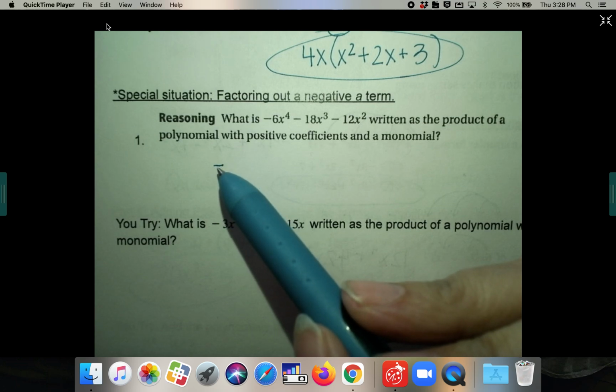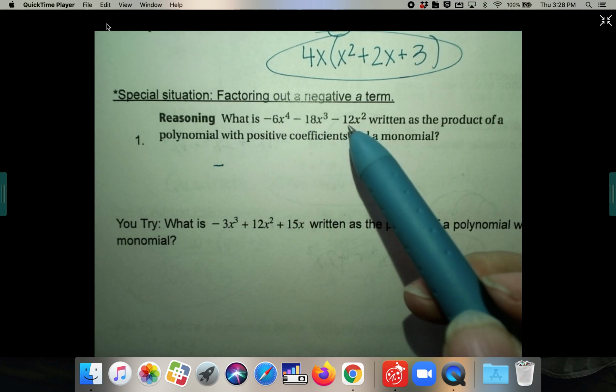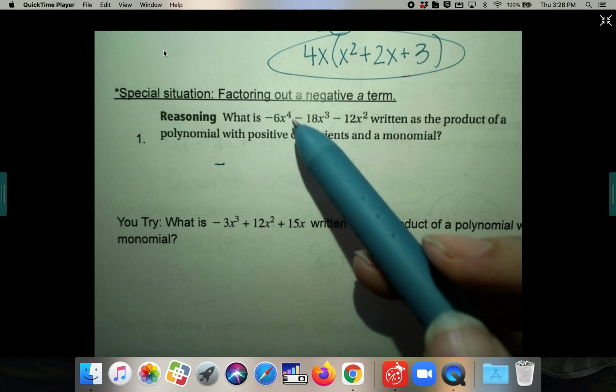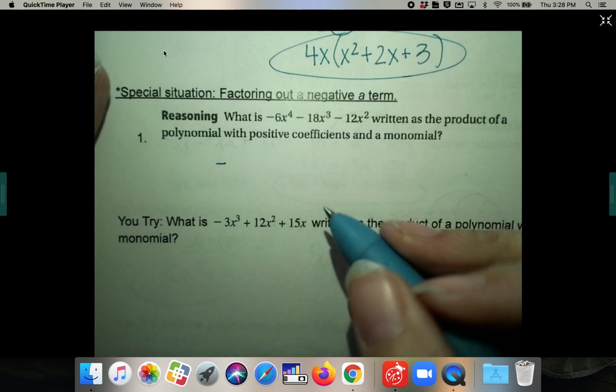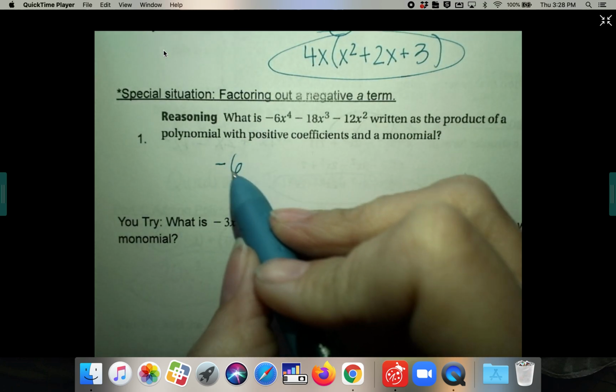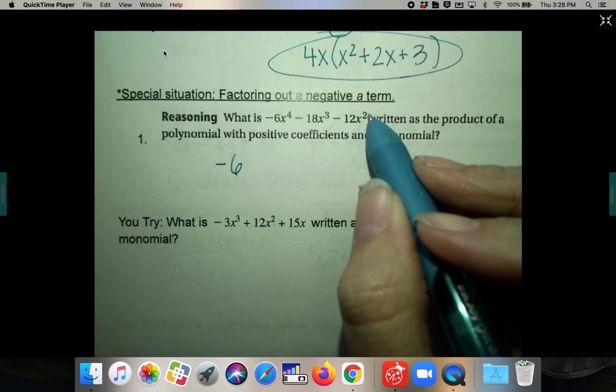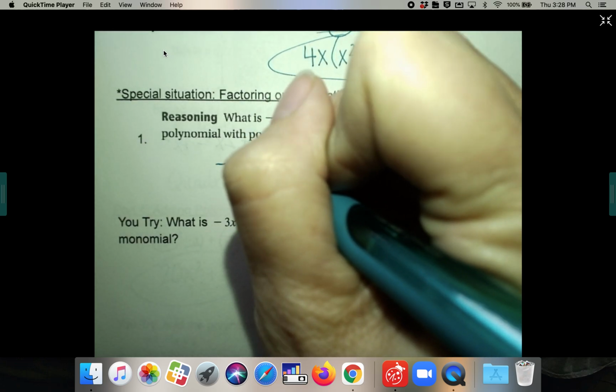What, besides pulling out the negative, can divide evenly between these three terms? I hope you're looking at it saying 6. So we're going to pull out negative 6, and we can take out some x's too. We can pull out, the most we can take is 2. So x squared.